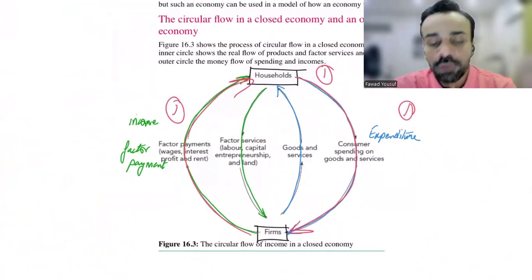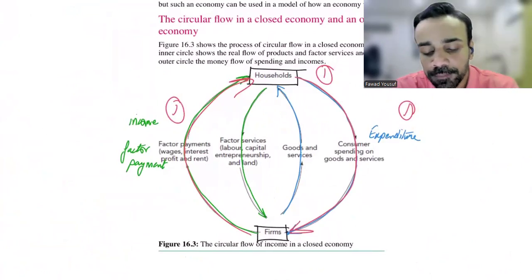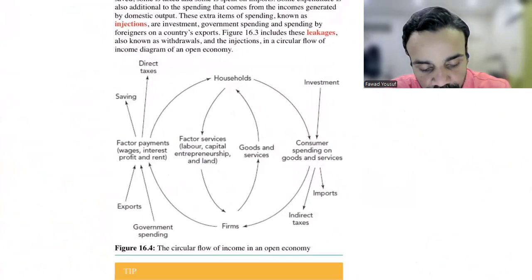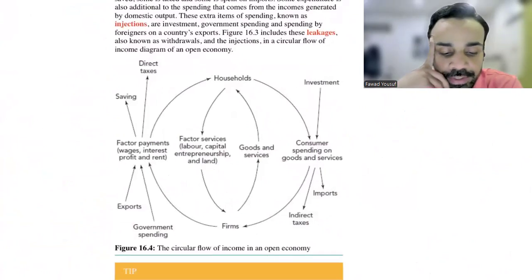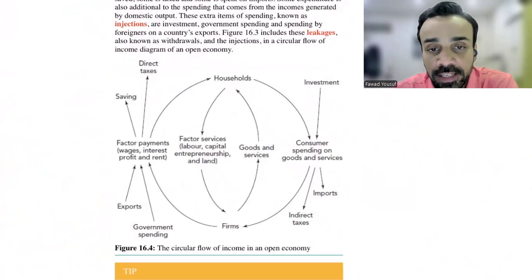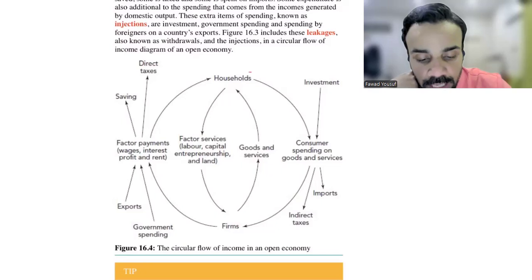Now, this is also very simplified because इसमें तो ना कोई injection है ना कोई withdrawal है. So now this is the more complex one, and I couldn't believe that kids actually made these. वही बात हो रही है. Households, firms.